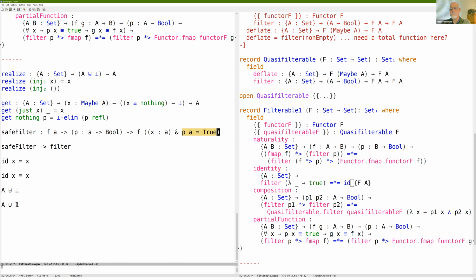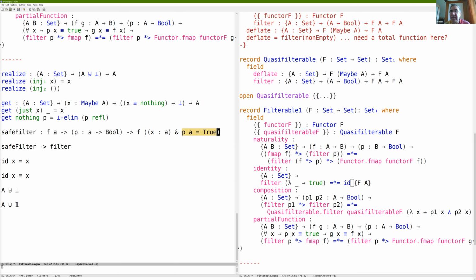Random other thought of looking at the composition law for the filter. It seems like that has a conjunction in it. Is there a way to define a law with a disjunction? It seems like something like that might be able to express this conservative or non-conservative idea, like filtering, splitting up the structure in two different ways and filtering and then sticking them back together should be the same as, it's a vague idea.